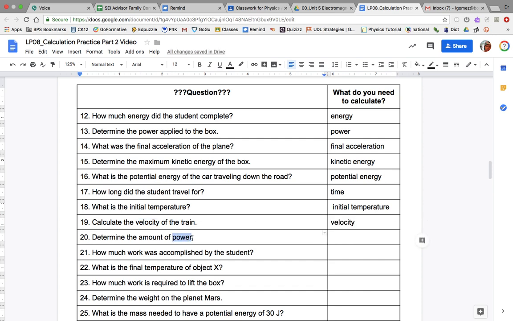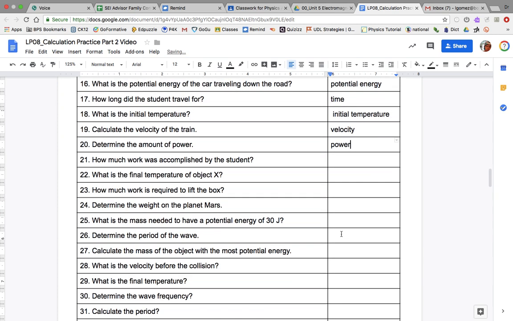Determine the amount of power. How much work was accomplished? And what is the final temperature of the object? 23, how much work is required to lift the object? 24, determine how much weight is on the planet Mars.